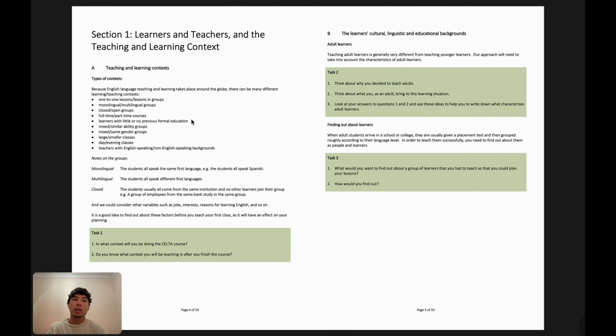Just go through each of these tasks. Some of them have phonemes. They'll go through receptive skills and productive skills, listening, reading, writing, and speaking, and planning and resources. So you will be planning a lot for your teaching practices before your lessons.